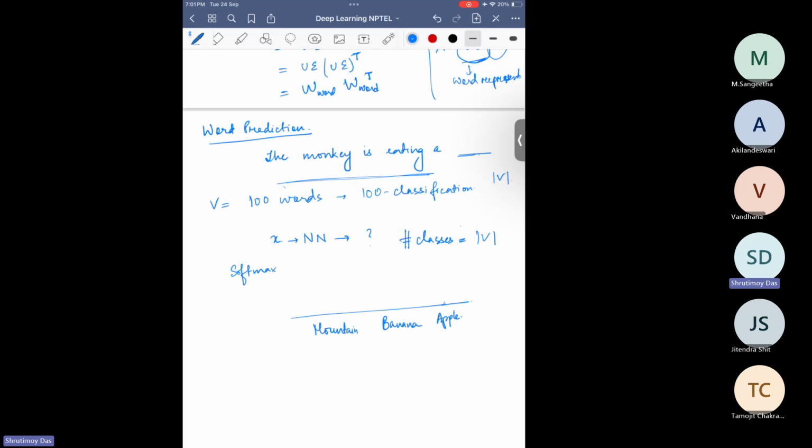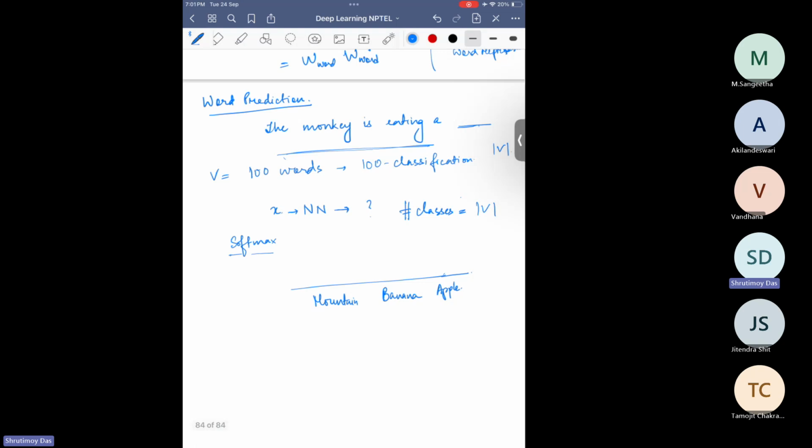So once you do a softmax in the last layer of the neural network, it will give you a probability, right? So say it says the probability of mountain is 0.01, the probability of banana is 0.89, and the probability of apple is say 0.1.